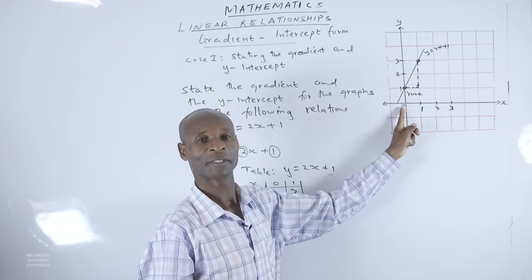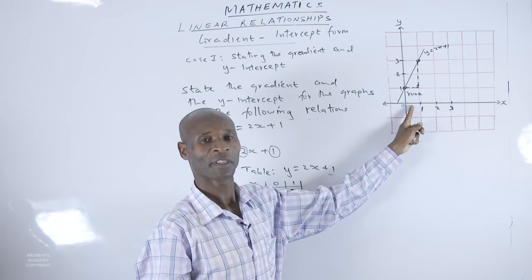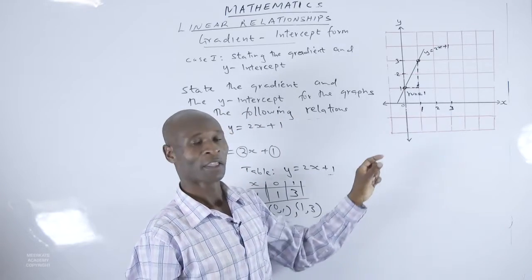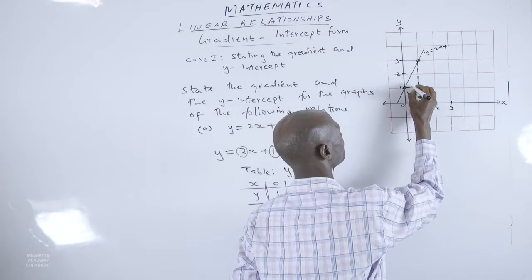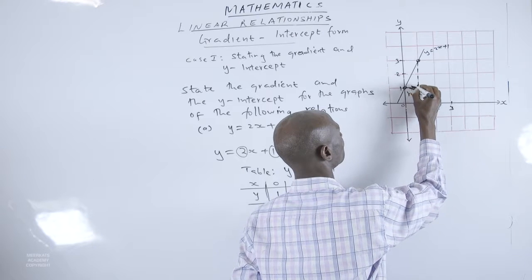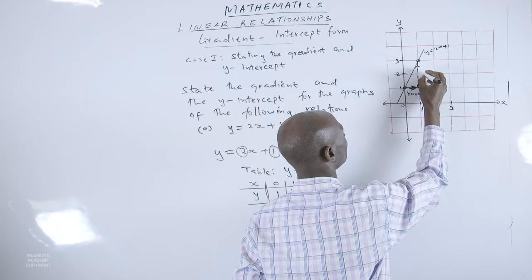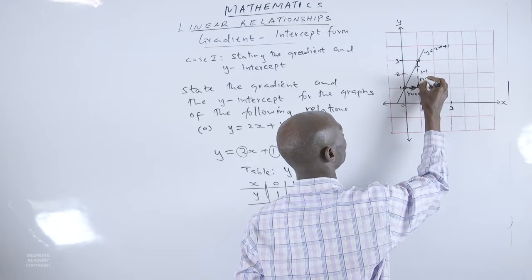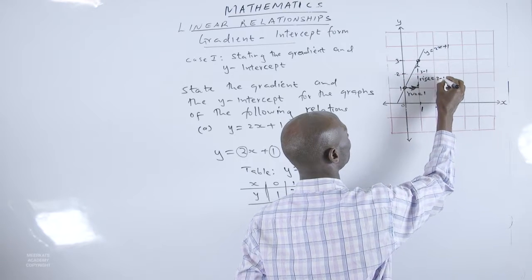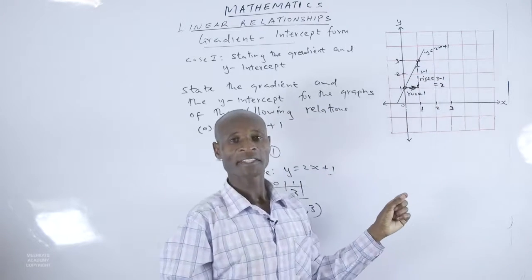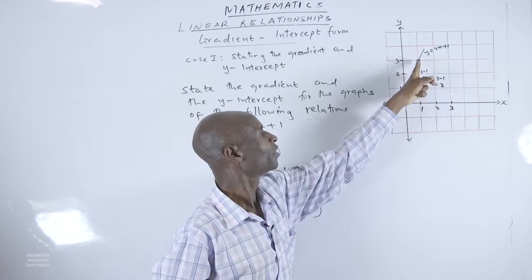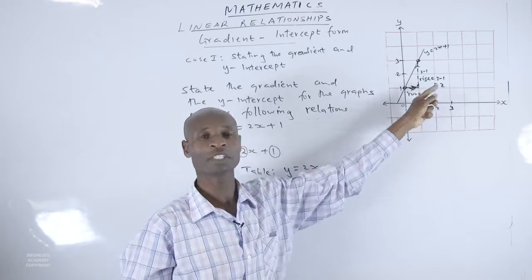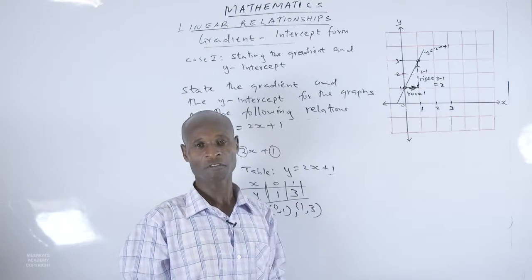The x-coordinate starts from 0 and ends at 1, so the run is 1 minus 0, which is 1. Then the rise in this case will be 3 minus 1, which gives us a positive 2. So the rise is positive 2 and the run is positive 1.